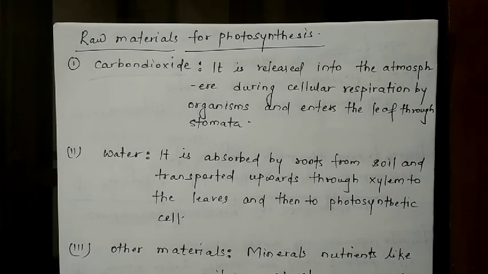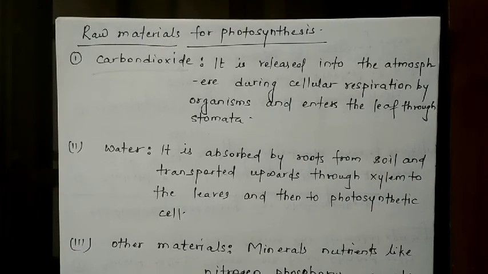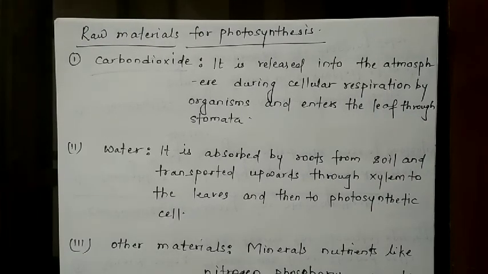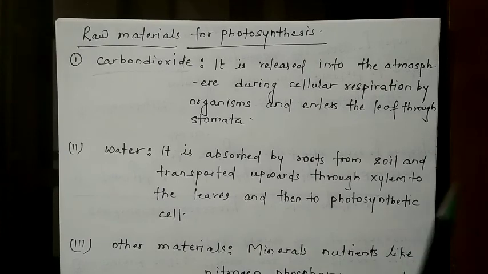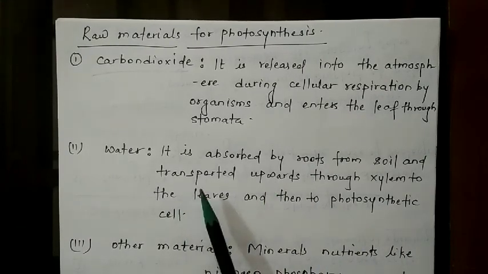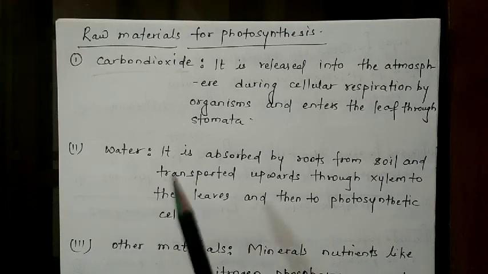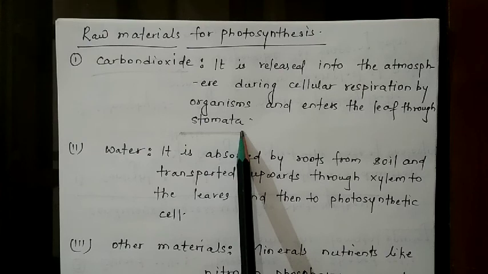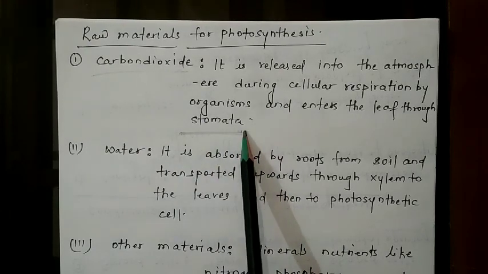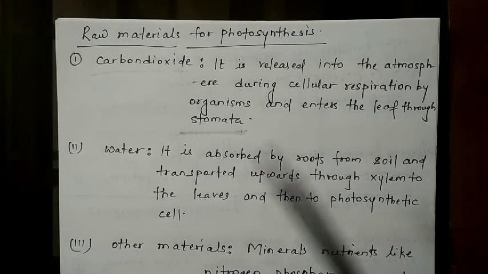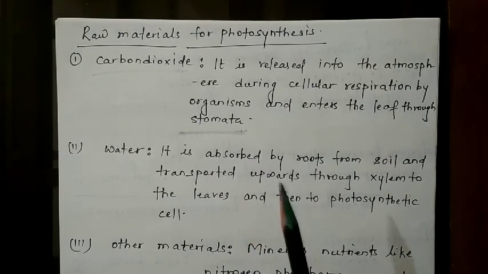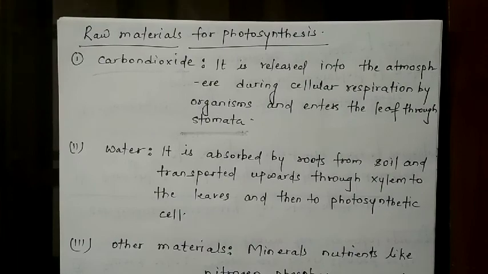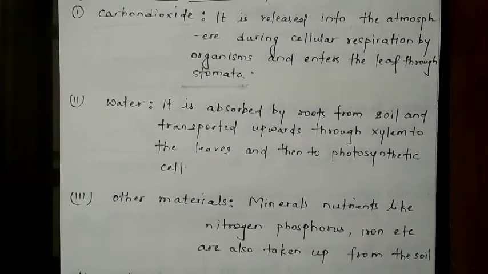It is released into the atmosphere during cellular respiration, because whenever we respire we release carbon dioxide, and the vehicles and industries that release carbon dioxide, that is utilized by the plants and enters the leaf through the stomata. So this carbon dioxide is also important for the plant. The more carbon dioxide is released, the number of plants should also be more to utilize that carbon dioxide. Okay, so this is the requirement.